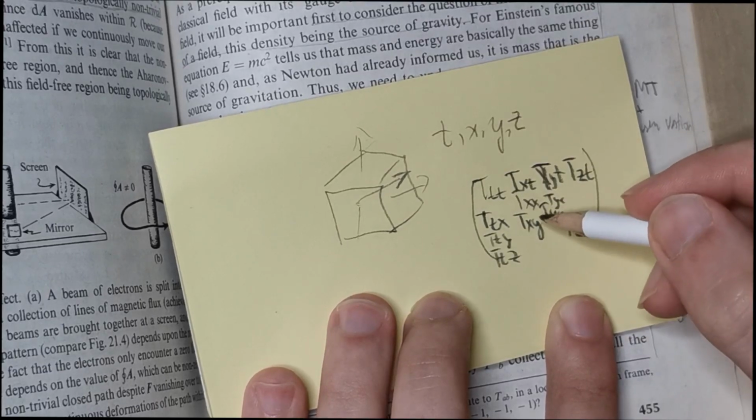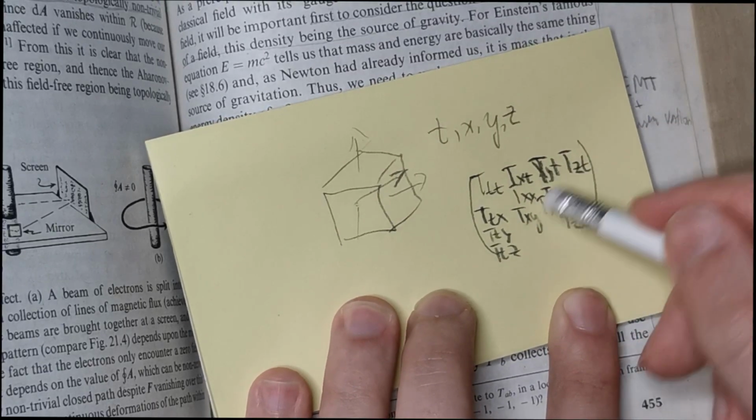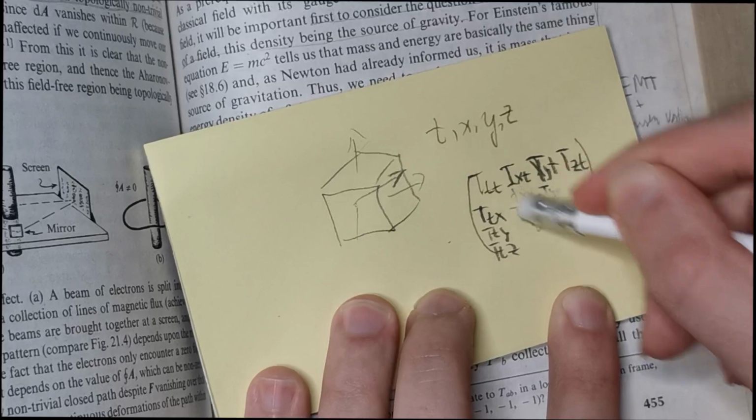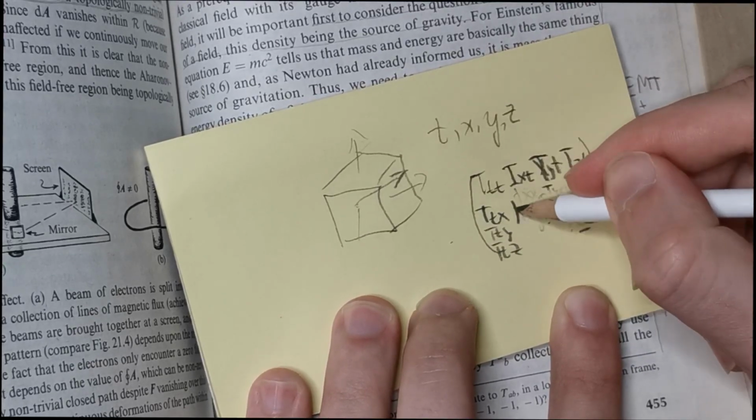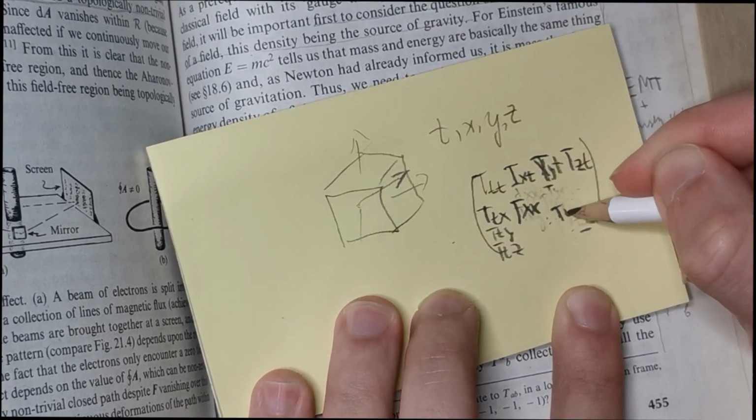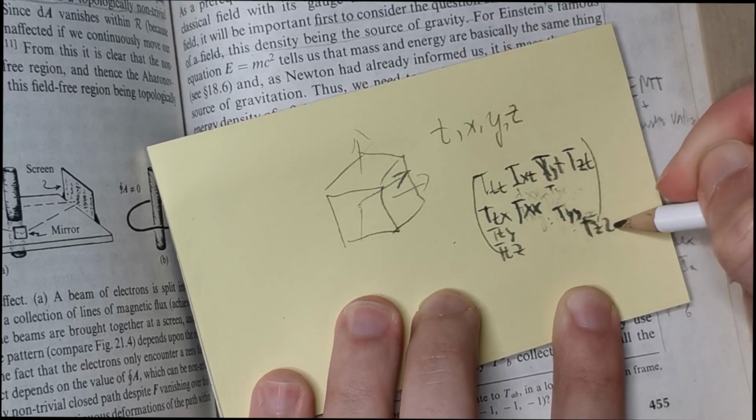I wrote the matrix a bit clumsily, so we need txx here, tyy here, and tzz here.